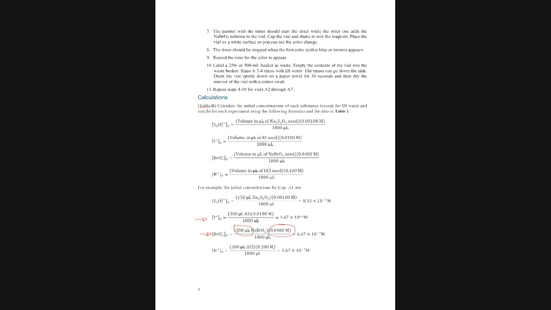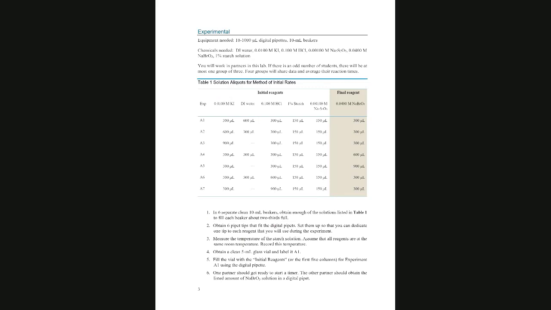Let's look if that's true. Let's go to the table and we look in A1 and we look in bromate that is here, and yes, they use 300, the concentration is 0.04 divided by the total volume. So this is the first table.